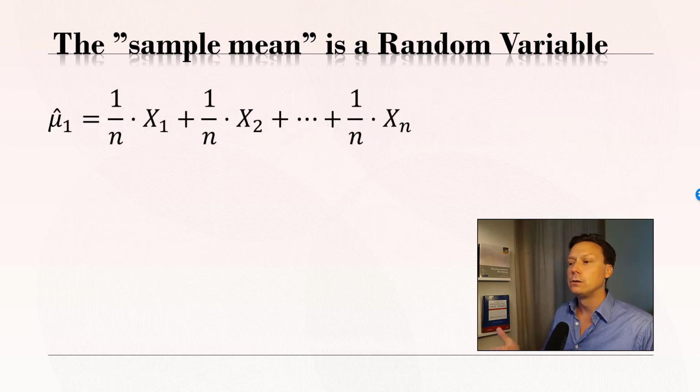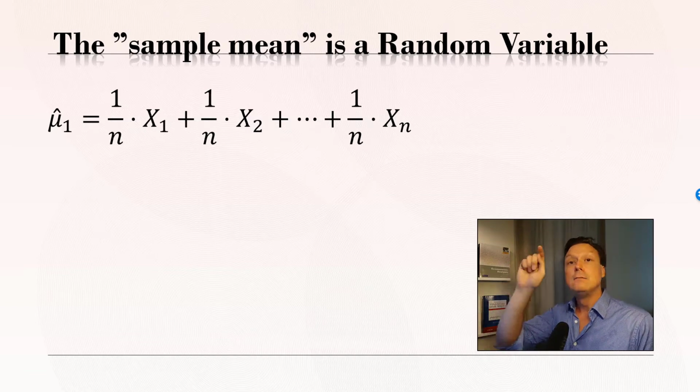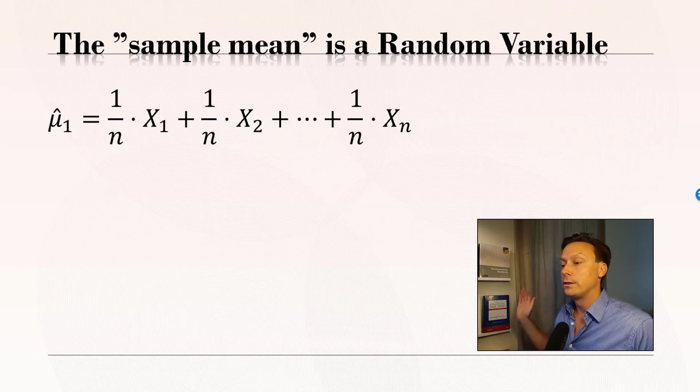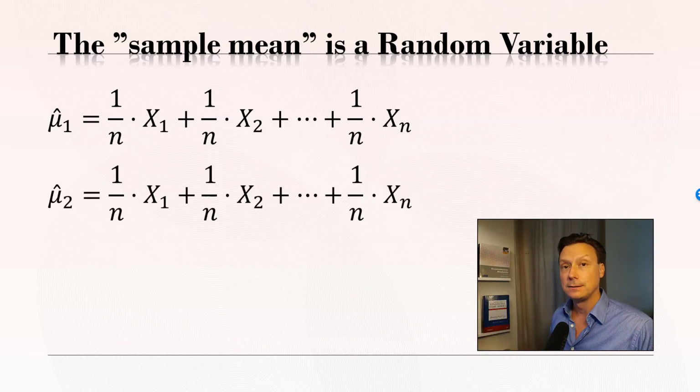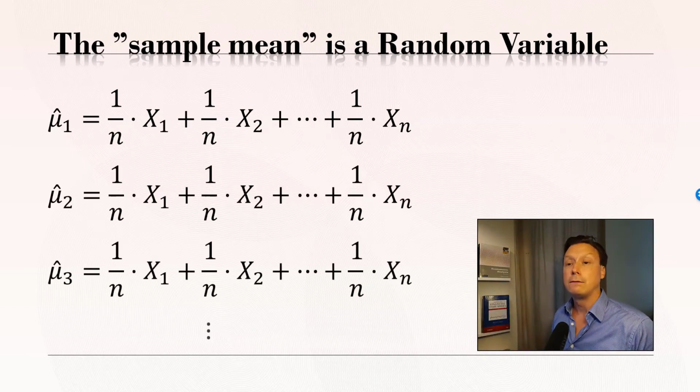So I want to roll the die 100 times, calculate the sample mean, and plot down the sample mean. I want to roll the die 100 more times, calculate the sample mean of those 100 die rolls, and note down that sample mean. And I'm going to do this a third time, a fourth time, a fifth time, and just continue calculating sample means from 100 die rolls. And each time I'm just going to put them into a plot.